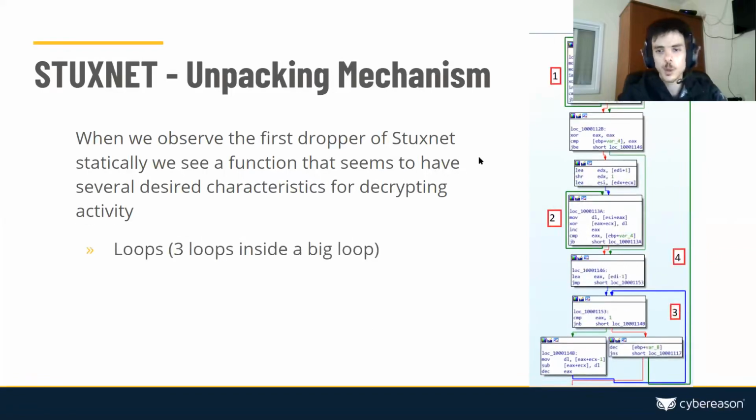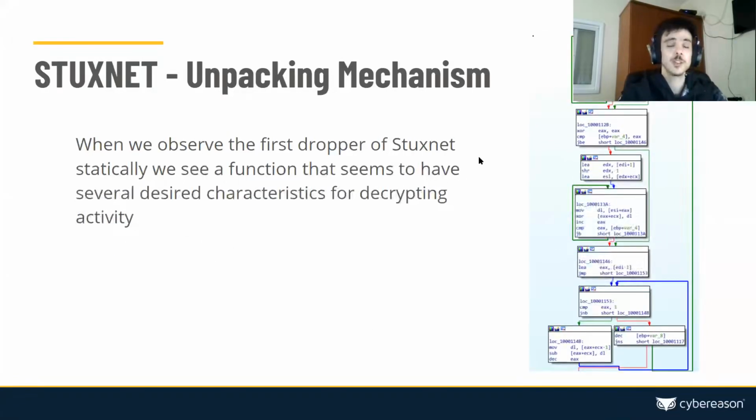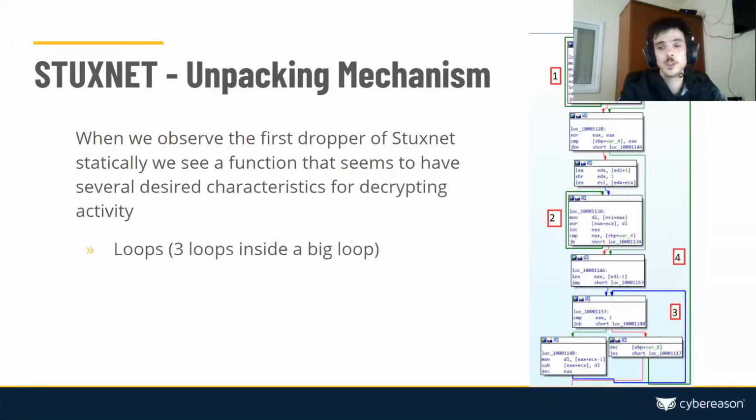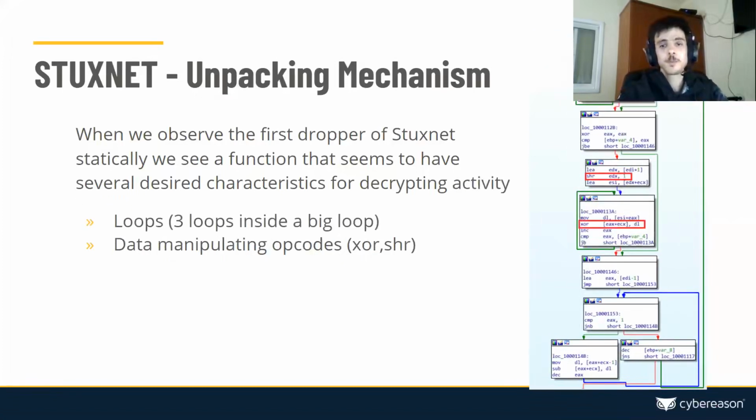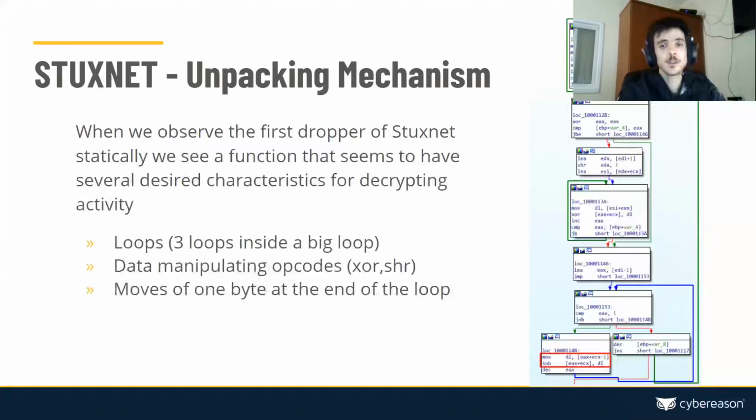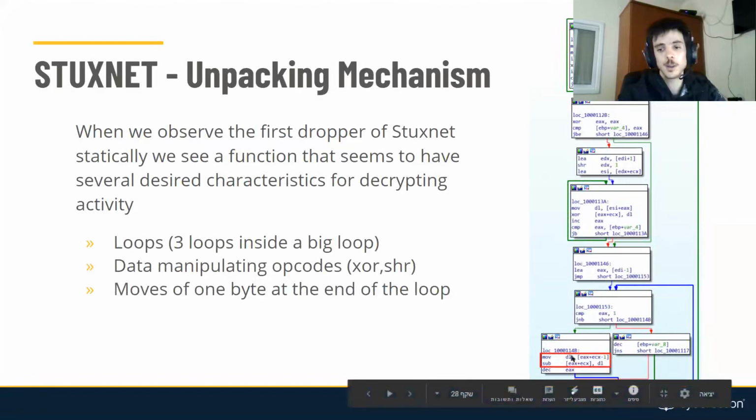When we observe this function, we can see the same similarities that we just observed in the Gh0st malware. First of all, it has a loop. It actually has 3 loops within a bigger loop, so 4 loops. The second concept is data manipulation opcodes. In this case, we can see XOR and shift right. The third concept is moves of 1 byte. We can see it down here.